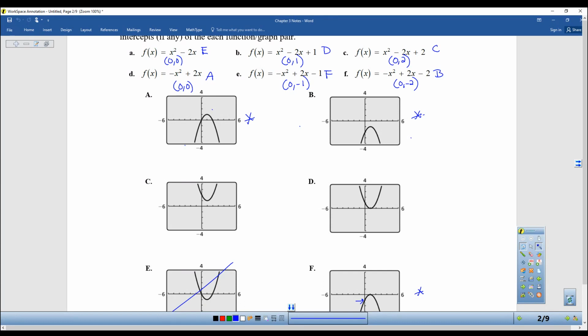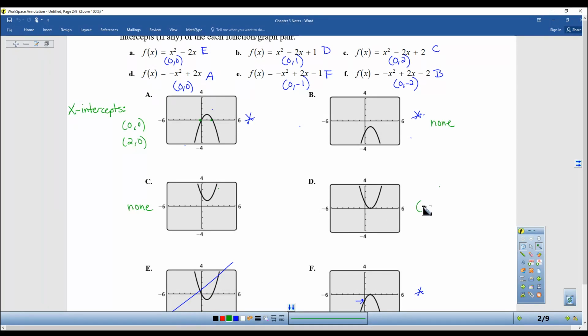Now the directions did go back and ask you if you could find all the x-intercepts. So let's label those x-intercepts. I'll do them in green. So for this one, 0, 0, and 2, 0. Oh, this one has none. This one has none. This is going to be very easy. This one has 1.